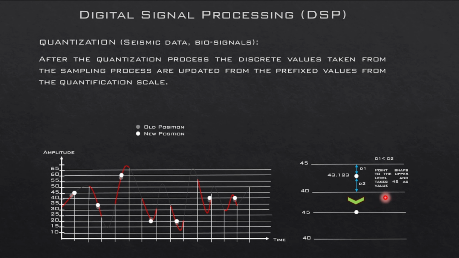All right. So as you see here, as we mentioned, this point that was at distance D1, which is less than D2, was snapped to the upper level and adopted as 45. So it lost its older value. This is why you get some noise, some slight distortion within the signal, because the values are no longer exactly the same.